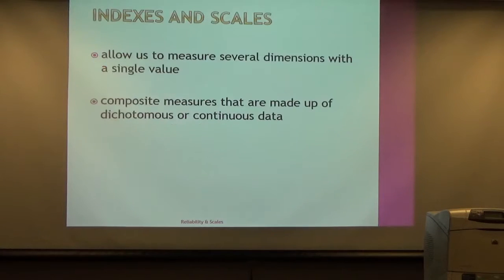Okay. All right. Indices and scales. So indices and scales allow us to measure several dimensions with a single value. And they're composite measures, and you can only create them from variables that are dichotomous or continuous.